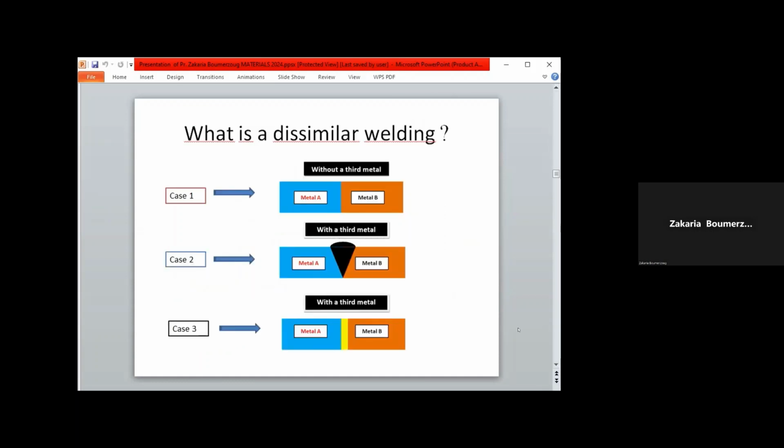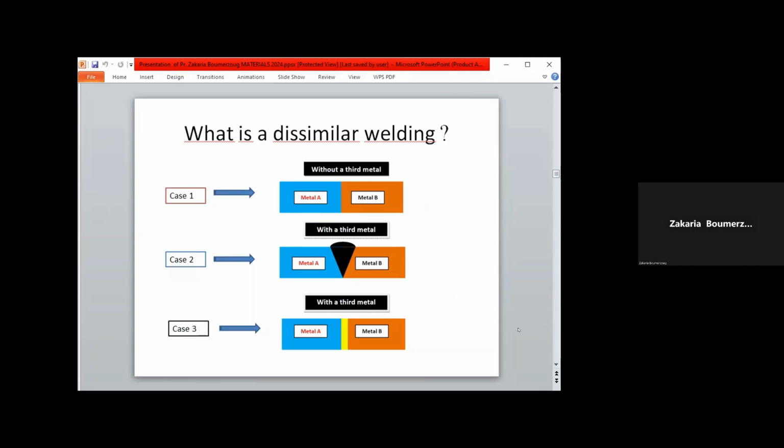What is dissimilar welding? In general we have 2 cases, but in this example, I have presented 3 cases. We can weld metal A with metal B directly. The second case, related to arc welding, means we can weld metal A to metal B by adding a third metal between the 2 dissimilar metals.